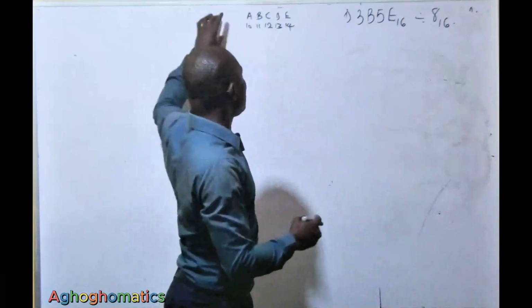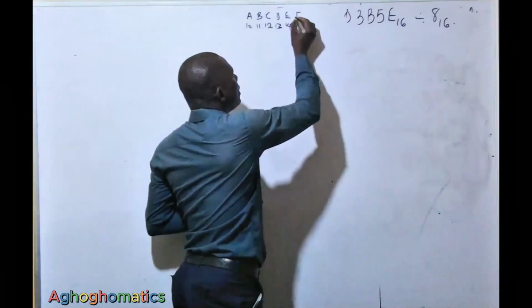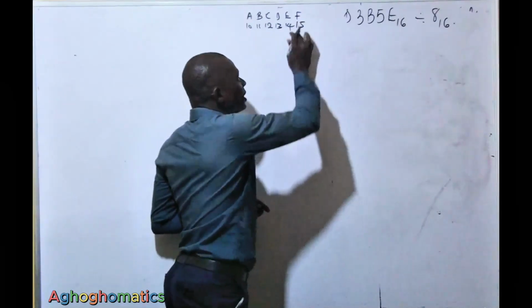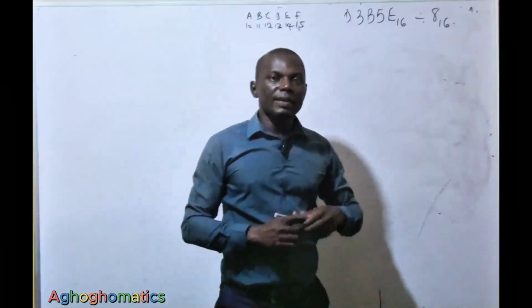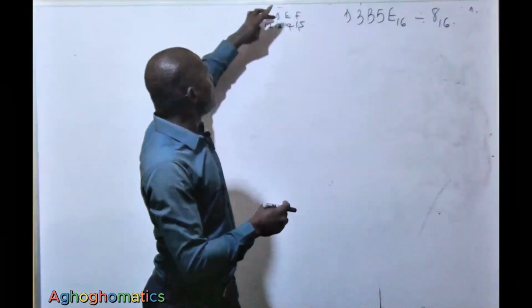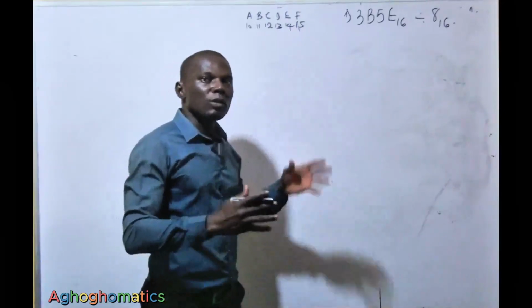So the highest digit in base 16 should be 15, which is represented with the letter F. So here, A, B, C, D, E, F is what they actually stand for.